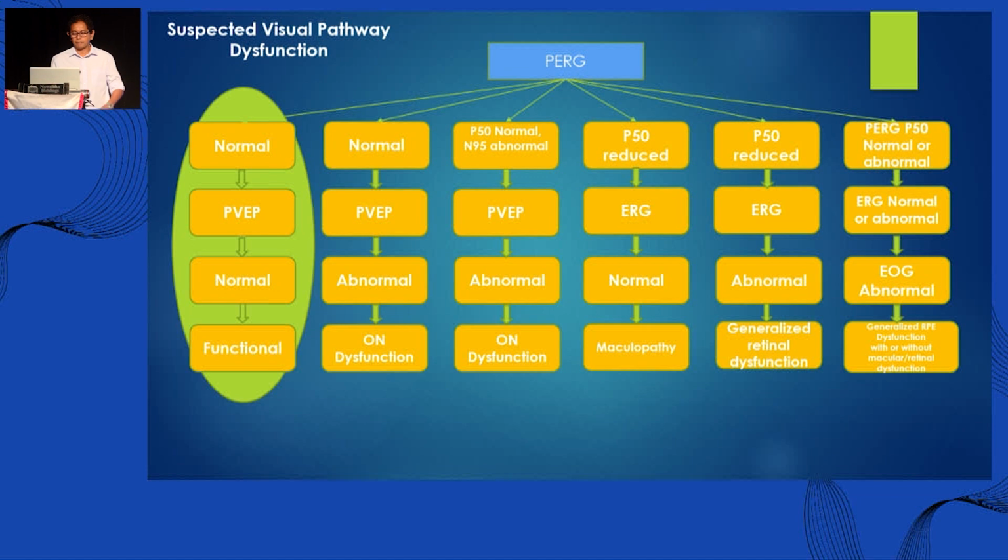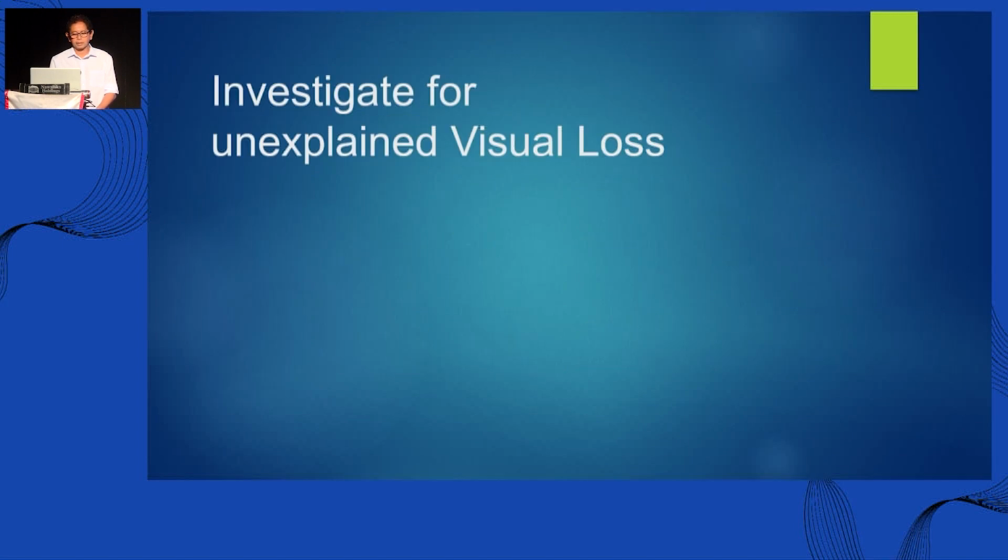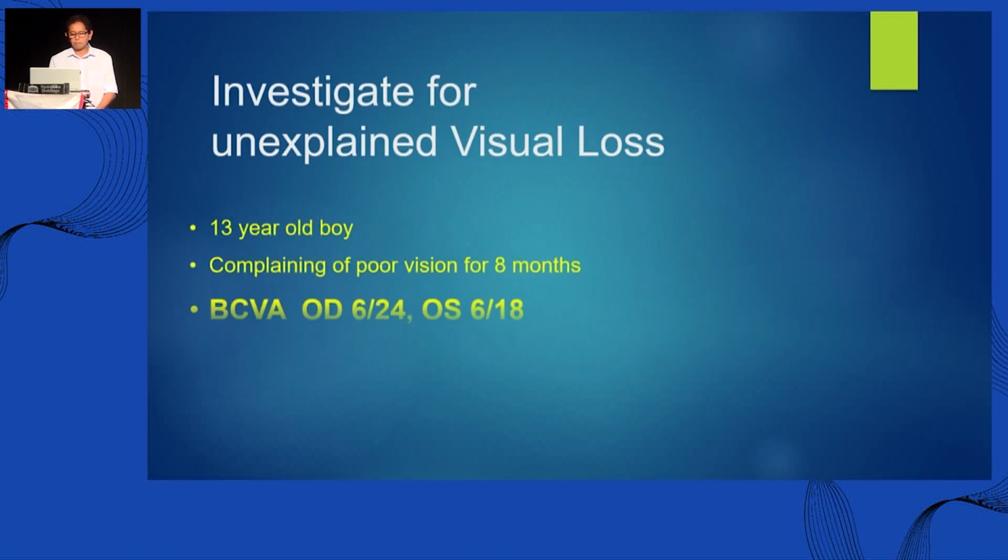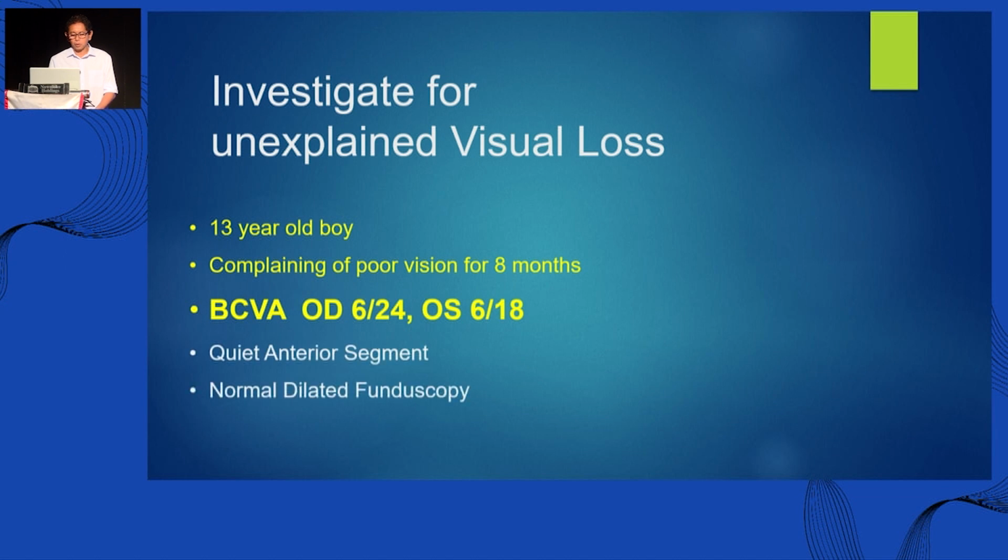So let's take the first scenario. The PERG is normal and the pattern VEP is normal. Then the diagnosis would be a functional visual defect. This patient, a 13-year-old boy, came with vision of 6/24, complaining of poor vision for about 8 months.